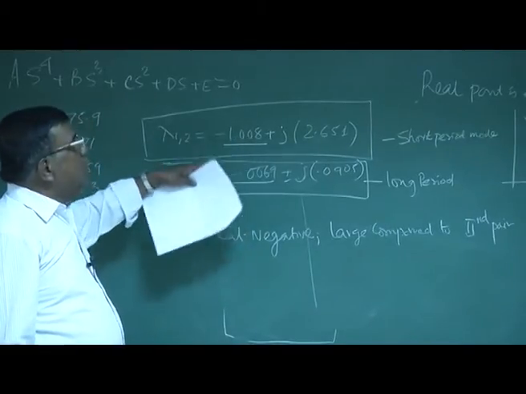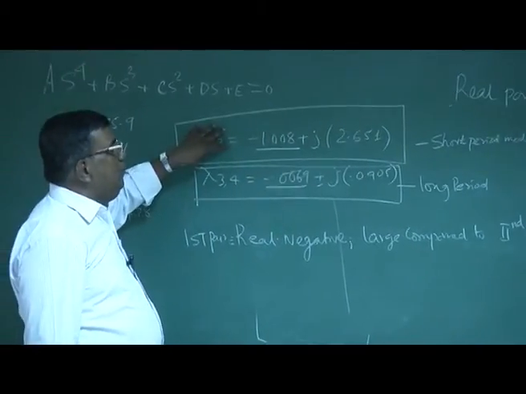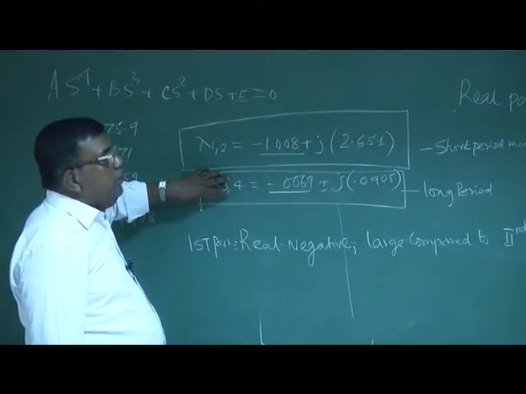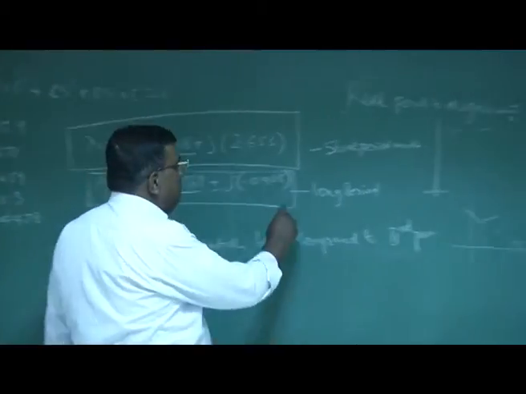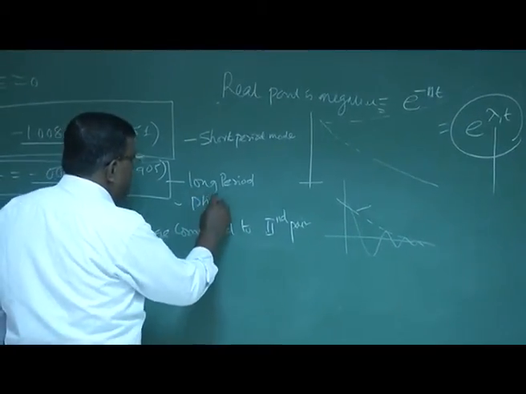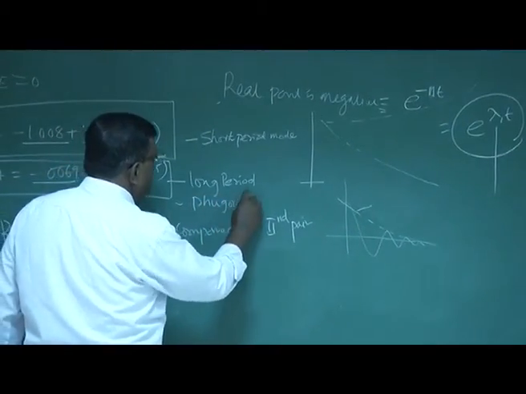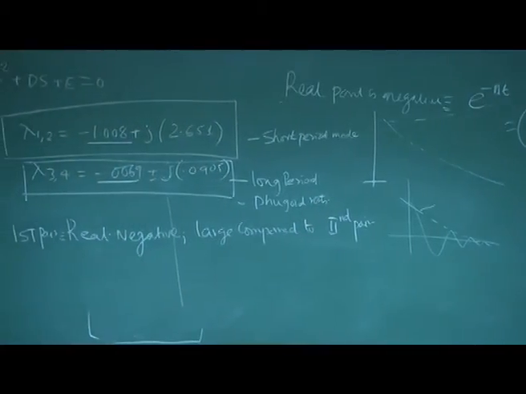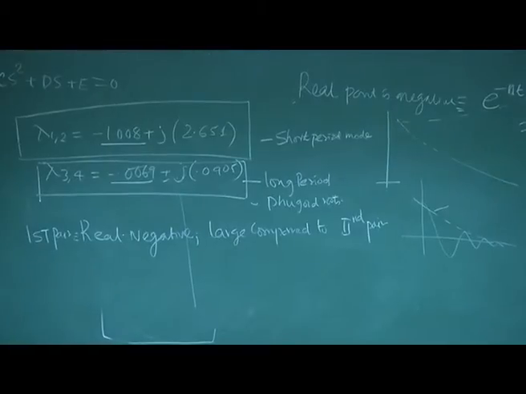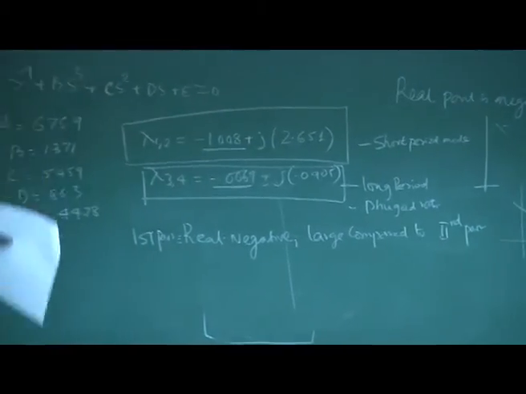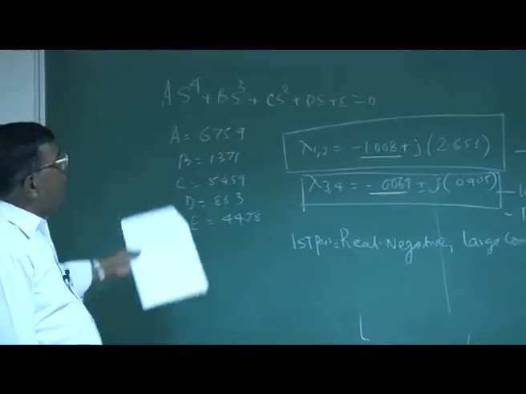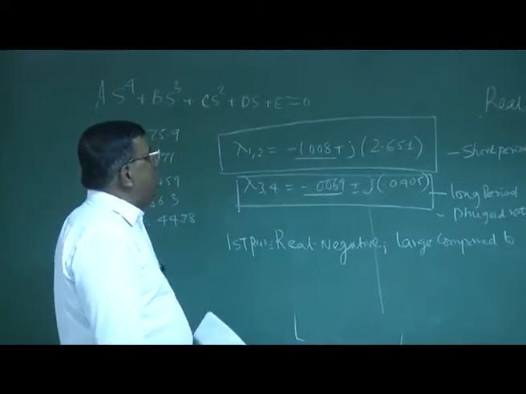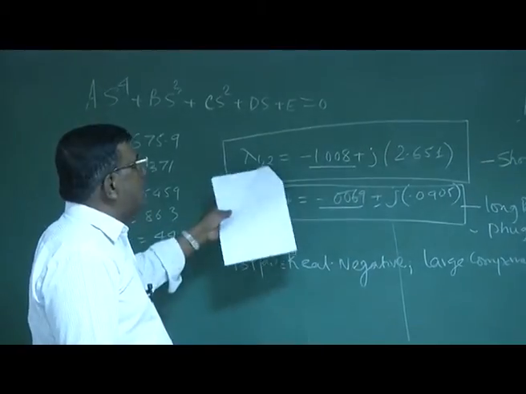So we will characterize this lambda 1, lambda 2 as the short period root, and these are the long period roots, or we also say phugoid roots. Right. We'll discuss short period and phugoid modes in detail, but just see how this beautiful equation, although it looks ugly in terms of expression, is so informative. Now, how do I handle what information more I should be able to extract from this?